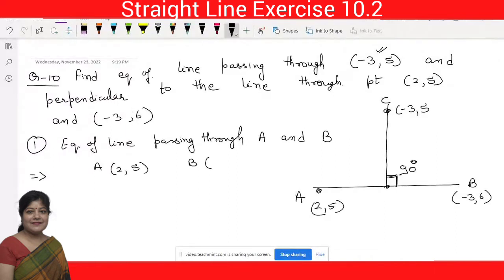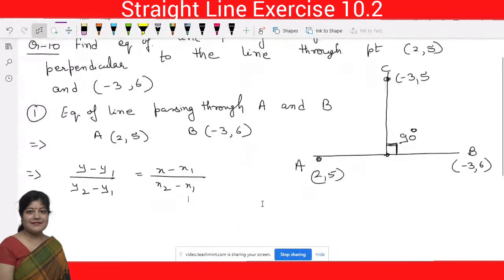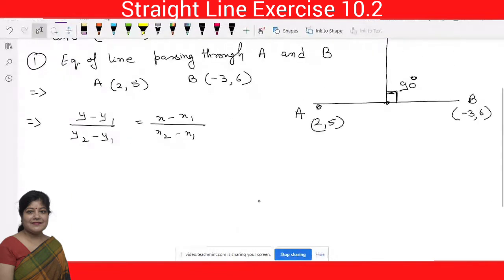We use the formula y minus y1 over y2 minus y1 equals x minus x1 over x2 minus x1. So I am going to substitute all the values. This is x1, this is y1, this is x2, this is y2.